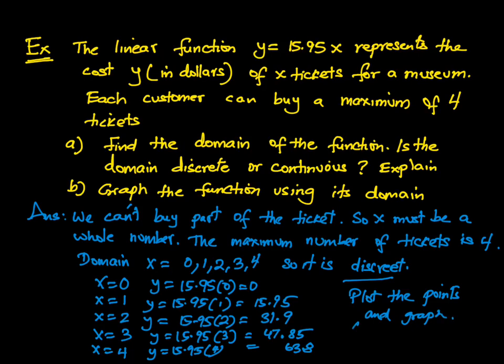So we just have to figure out these points: 0, 0; then you have 1, 15.95; then you have 2, 31.9; and you have 3, 47.85; and the last one is 4, 63.8. Okay, and then you plot them. All right? Perfect.